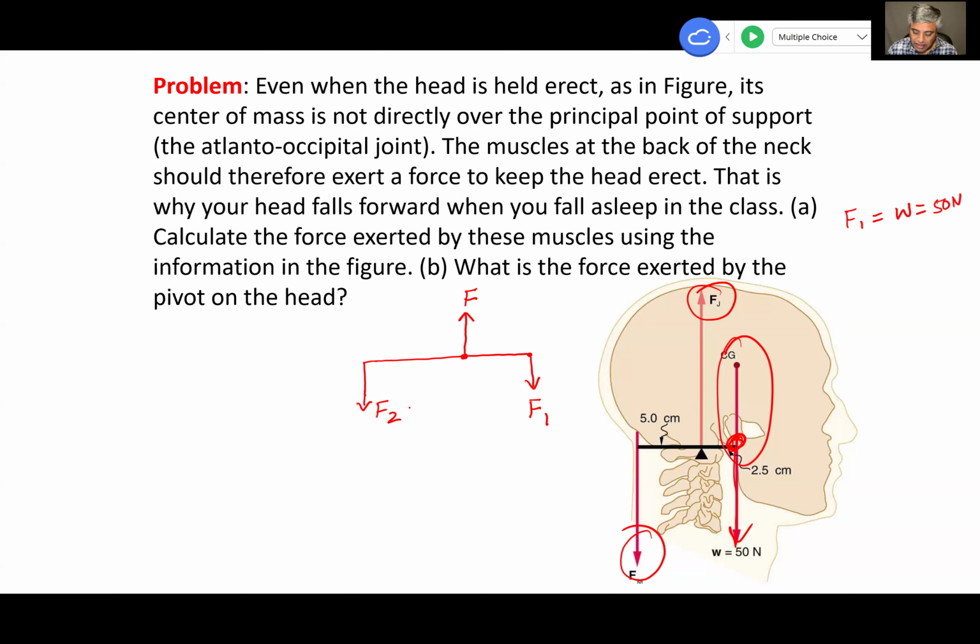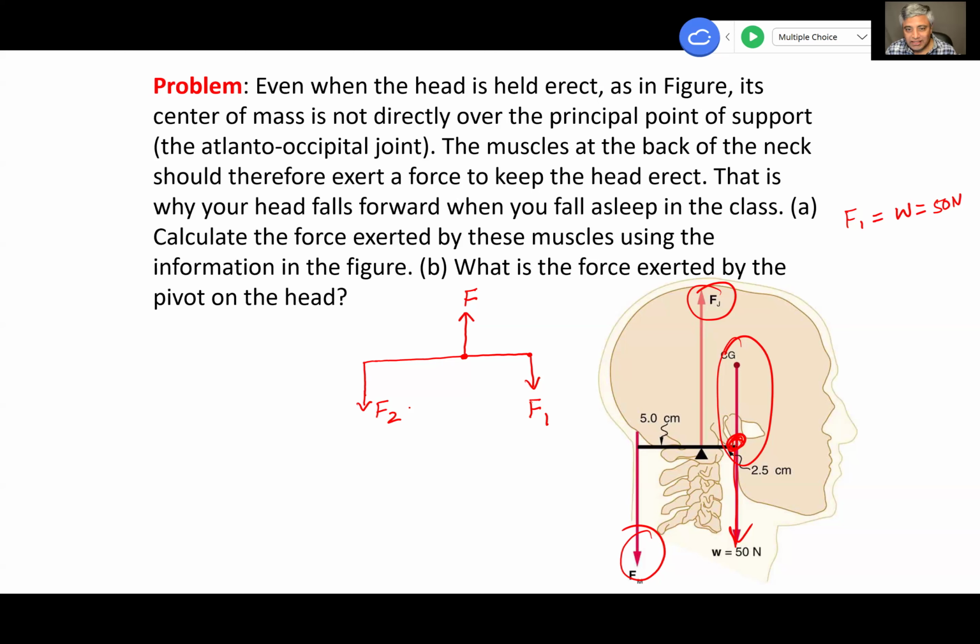Okay. Now, what happens is this is in static equilibrium. So that means net force is also zero, net torque is also zero. So when we have this kind of equilibrium situation, when something is in rotational equilibrium, we are free to choose whatever axis we like to choose. Okay. So in this problem, it doesn't say where the axis is.